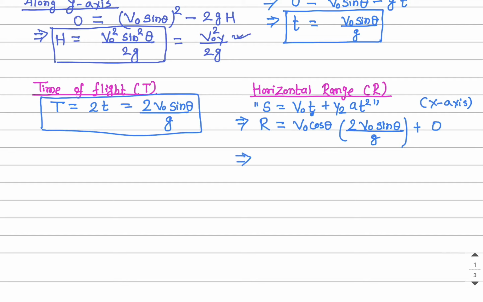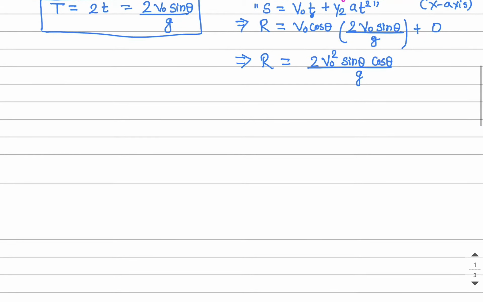So what you get now is R equals 2 v naught squared sine theta cosine theta divided by g. If you recall from trigonometry, we can simplify this equation as v naught squared sine 2 theta divided by g.